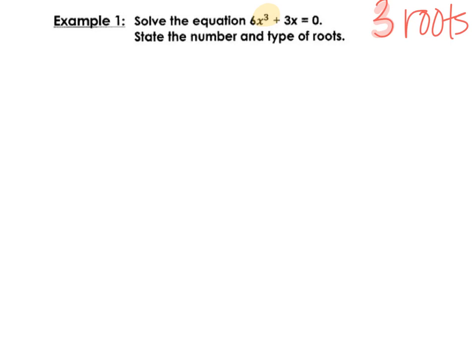Now, we want to find these roots, or solve the equation. So we take our equation, 6x to the third plus 3x equals 0, and solve for x. We want to use one of the many methods we've learned, factoring. The first thing we want to do is take out the GCF.